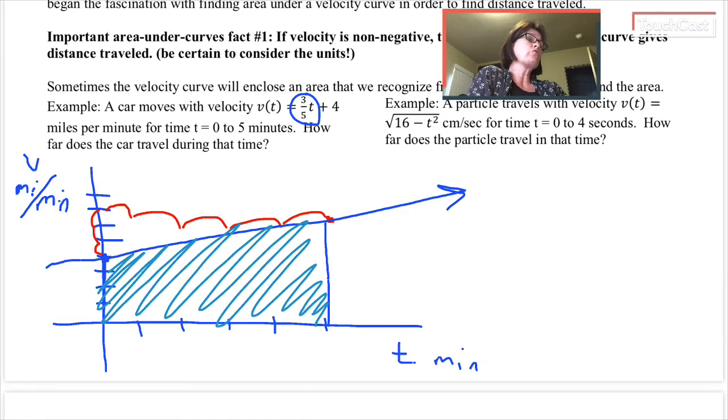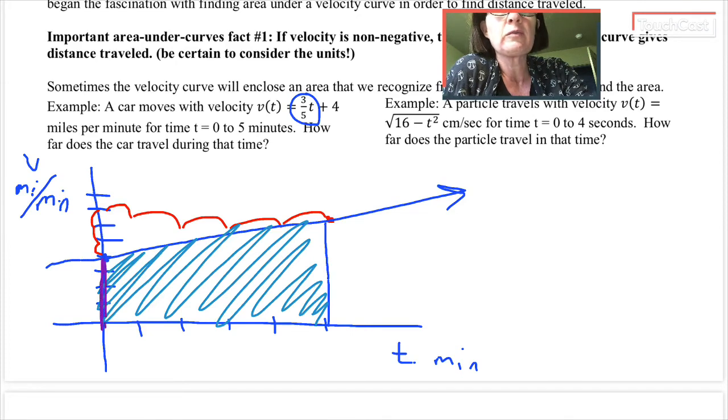A trapezoid has 2 parallel sides. So we find the area of the trapezoid by averaging the 2 parallel sides. For me, my parallel sides happen to be vertical. They're this one and this one. Well, this has a height of 4. This has a height of 7.